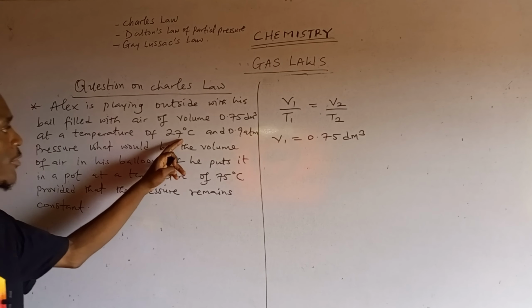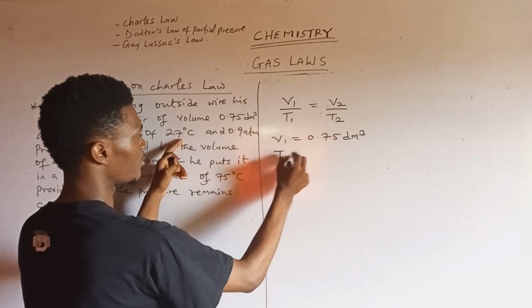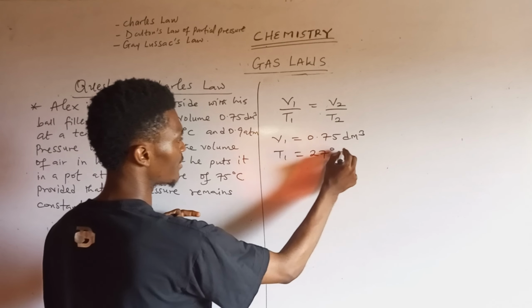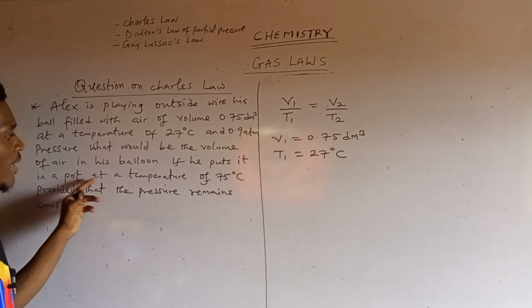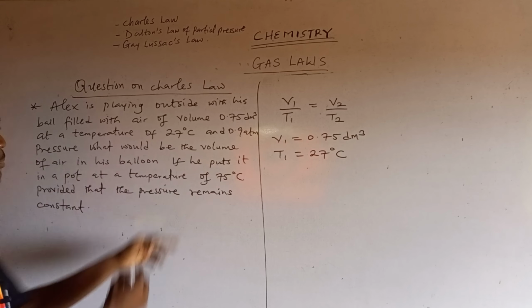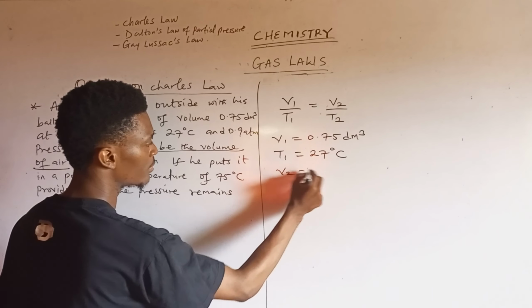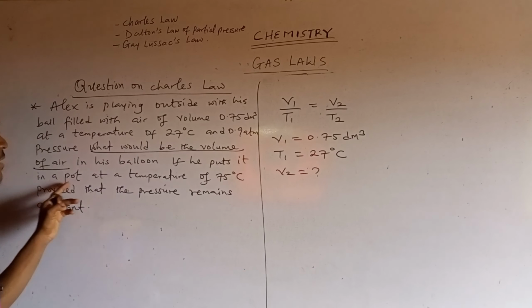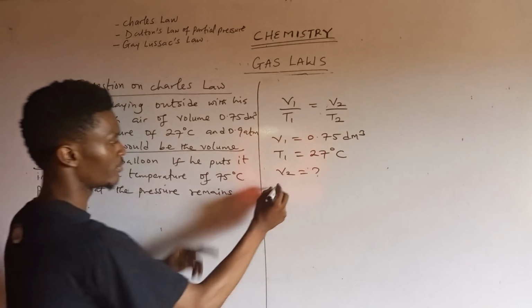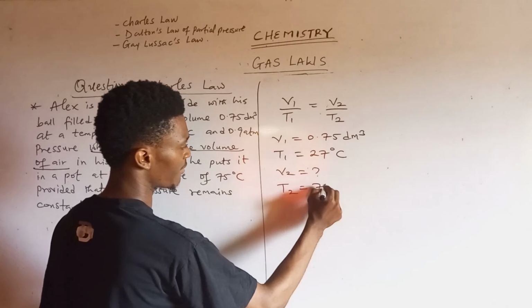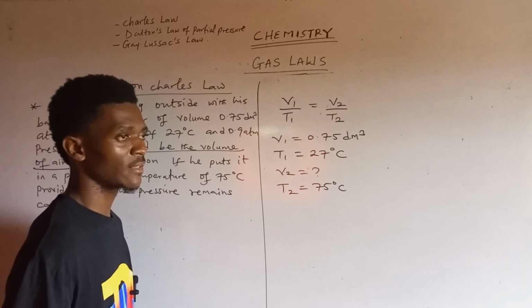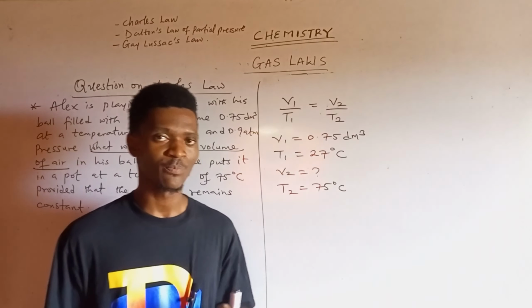Then the initial temperature T1 is equal to 27 degrees Celsius. Then we were asked what would be the volume of air, so we are to calculate volume V2. We don't know it. Then T2, the temperature 2, is 75 degrees Celsius. And this is very important that you pay attention.